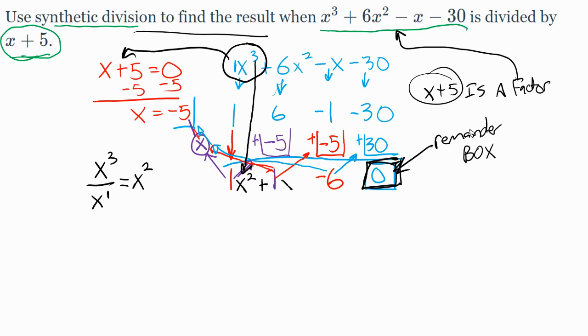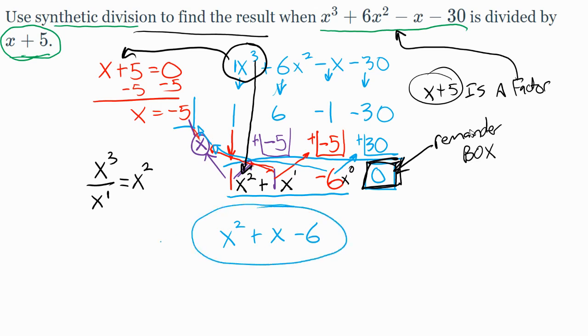So this is 1x to the 1, and then minus 6x to the 0, and then plus your remainder. Now, you didn't have to write that plus x to the 0. I just wanted to fill the pattern. The answer is x squared plus x minus 6. This is the result of division. Had I done long division, this is what I would have got.